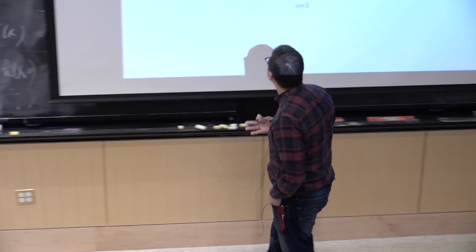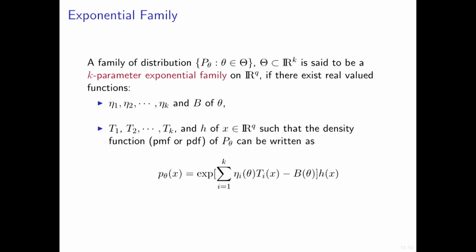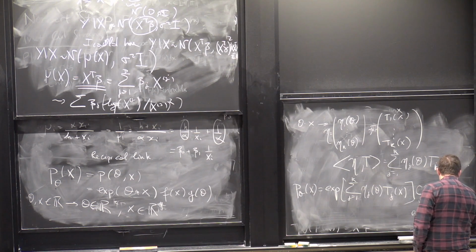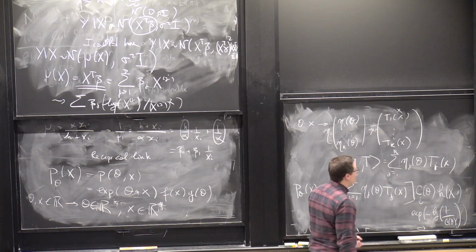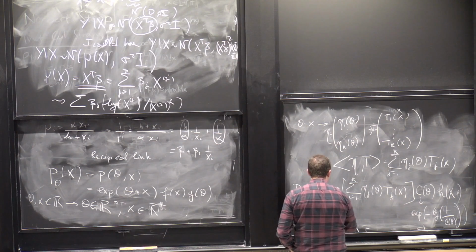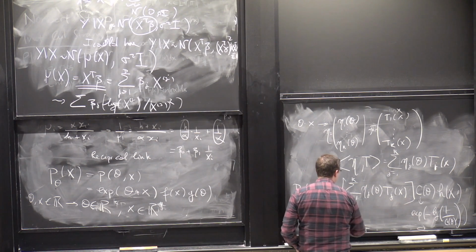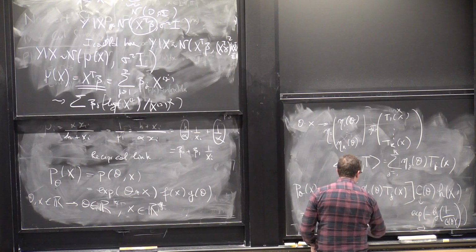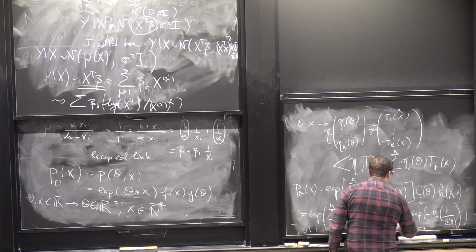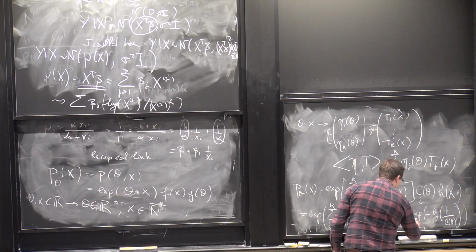For convenience, there's no particular reason why I do that, I'm taking this function c of theta and pushing it in there. So I can write c of theta as exponential of minus log of 1 over c of theta. Now I have exponential times exponential, so I push it in, and this thing looks like the exponential of the sum from j equal 1 to k of eta j of theta tj of x minus log 1 over c of theta, times h of x.